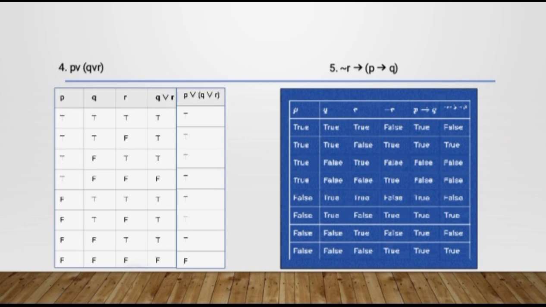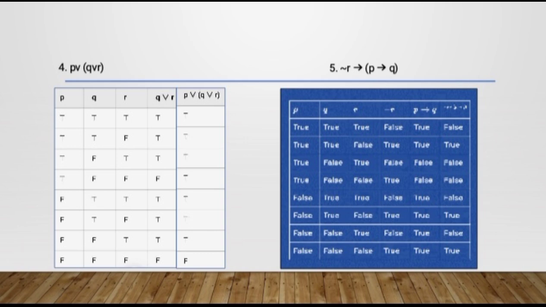Number 5. Not R, not P, not Q. Table. P: true, true, true, true, false, false, false, false. Q: true, true, false, false, true, true, false, false. R: true, false, true, false, true, false, true, false.